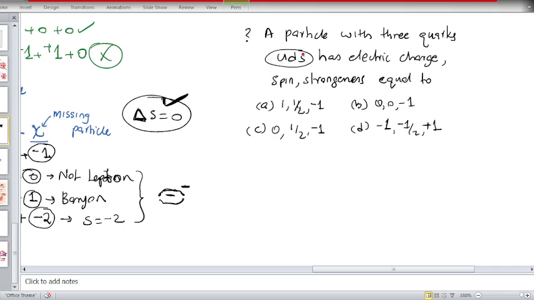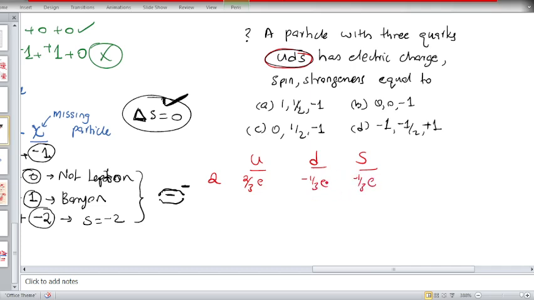You have to remember the properties of up, down, and strange quarks. For charge, the up quark has 2 by 3 e, the down quark has minus 1 by 3 e, and the strange quark has minus 1 by 3 e.